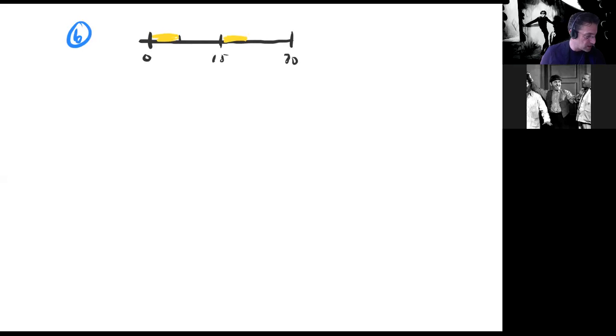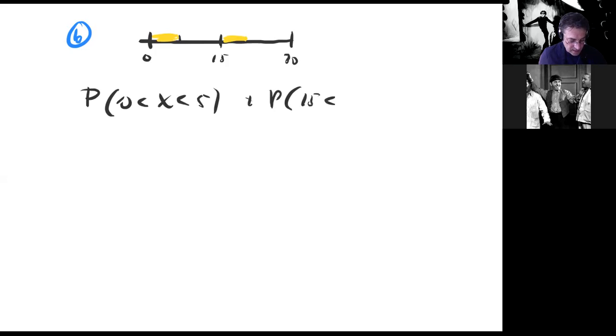So this is the region in question. So it's the probability of x between 0 and 5 plus the probability of 15 less than x is less than 20. And you can compute that as well, and I'll spare you the details. You'll get a third. Same kind of argument.